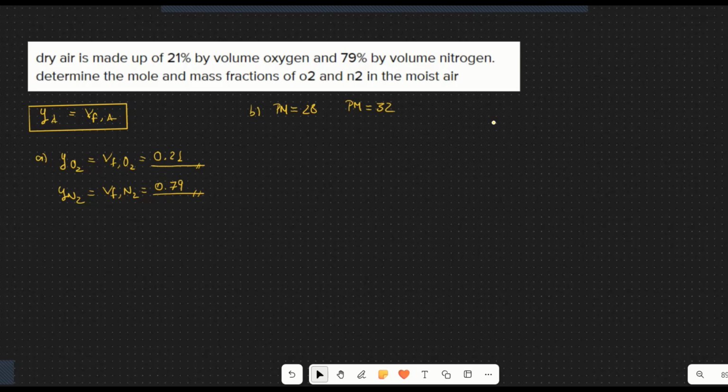Okay, so in this case, we're going to use what is known as a basis for calculation, and we're going to assume that we're working with 1 mole of moist air.